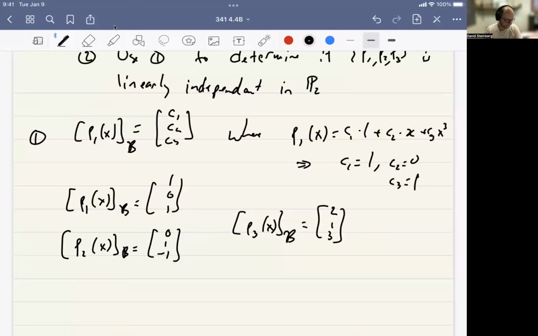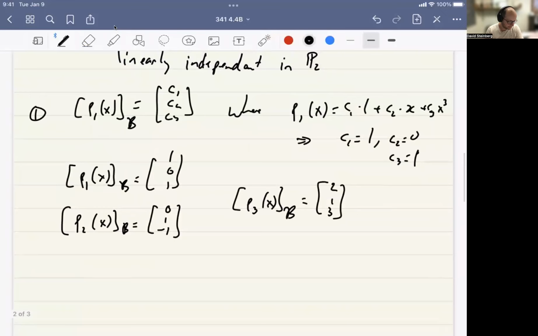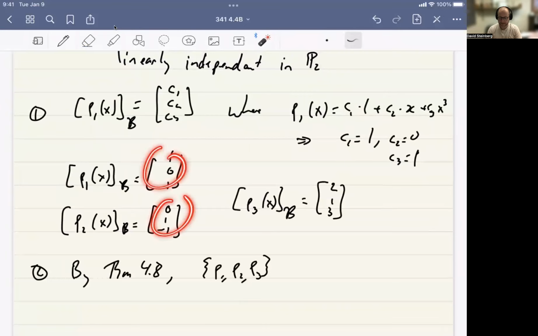And then for part 2 now, by theorem 4.8, this collection P1, P2, P3 will be linearly independent if and only if the corresponding coordinate vectors are linearly independent in R3.